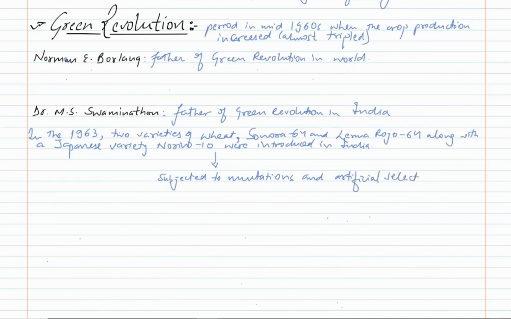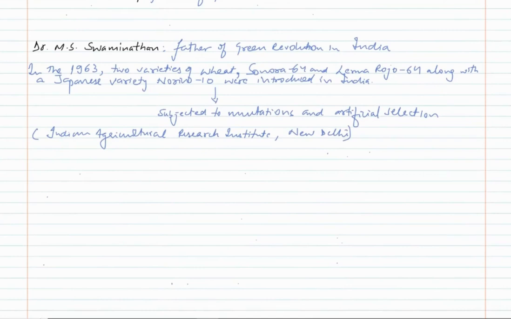Artificial selection means selecting only those mutated progenies which had our desirable characteristics, and they could finally adapt to Indian conditions and provided us very good produce. This was done at the Indian Agricultural Research Institute, New Delhi. So this is a primitive form of biotechnology, where we are mutating the entire genome of the plant rather than selecting one particular gene and incorporating it into a new plant.